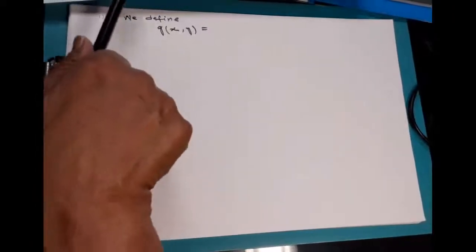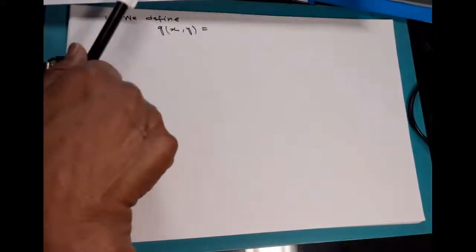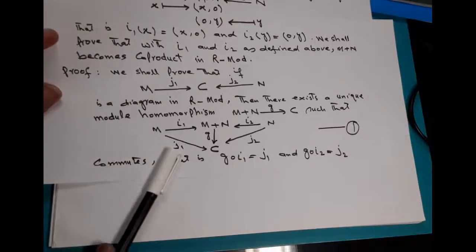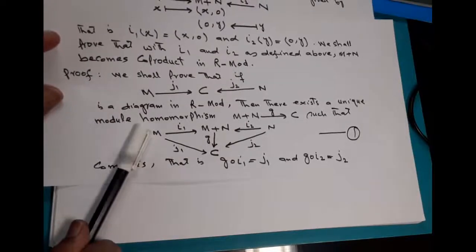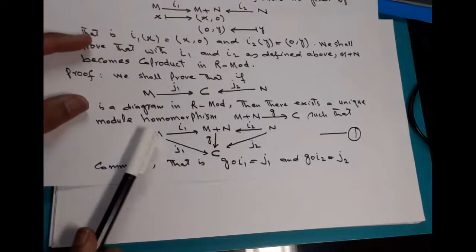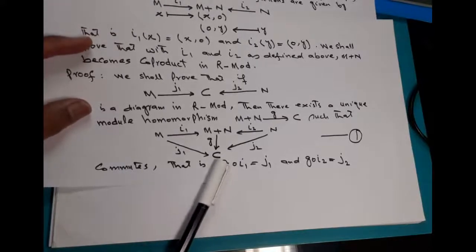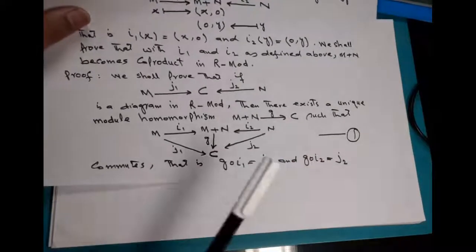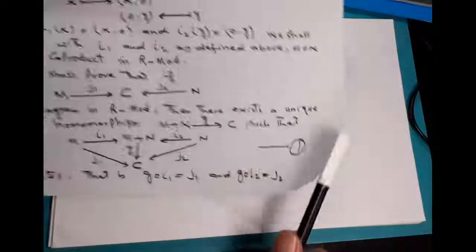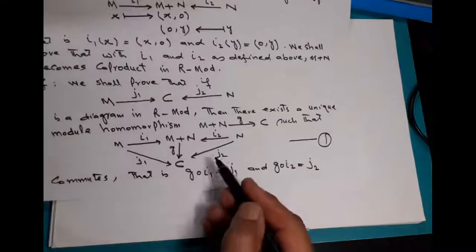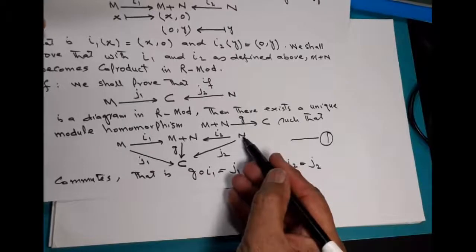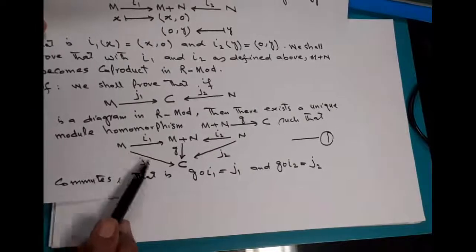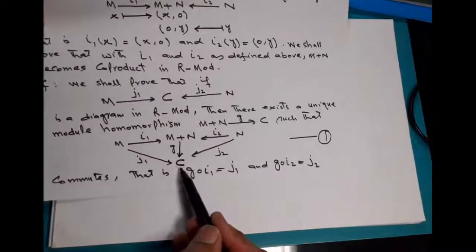This X belongs to M, J1 is going to act on X, and we will receive an element J1X in C. Similarly, this Y belongs to N, and J2 will act on Y, and we will receive an element in C. So J1X will be in C, J2Y will be in C.